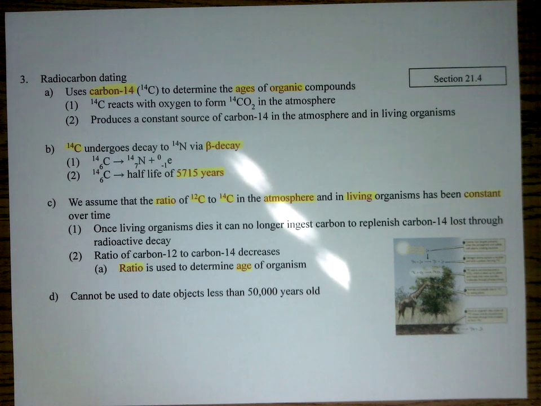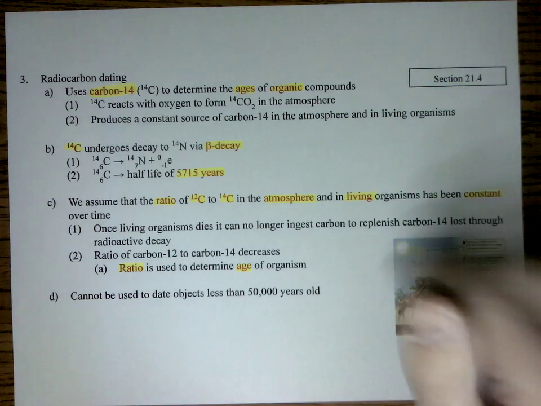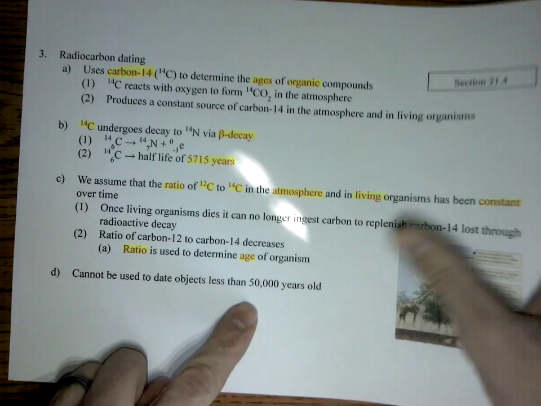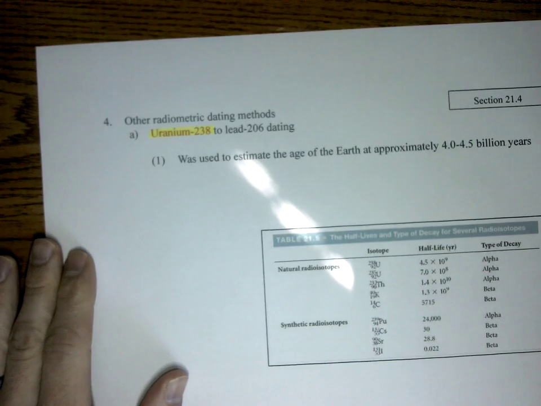So there are other options. There are obviously numerous radioisotopes out there, and one example, if we've reached that 50,000 year limit, is to utilize uranium-238.